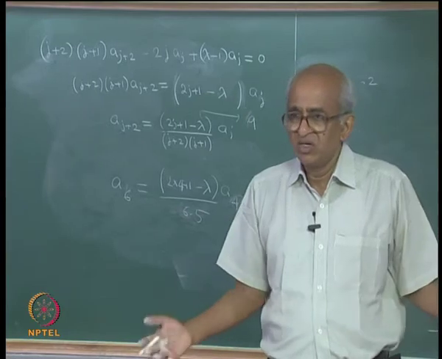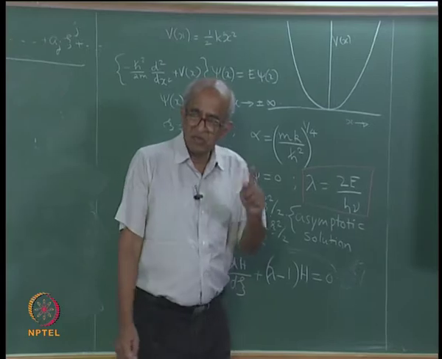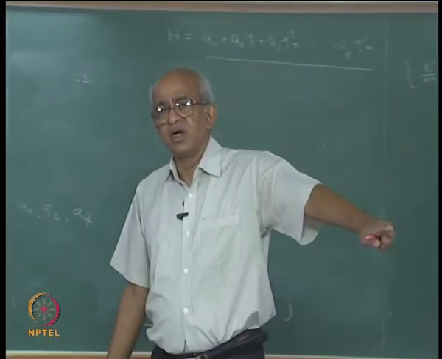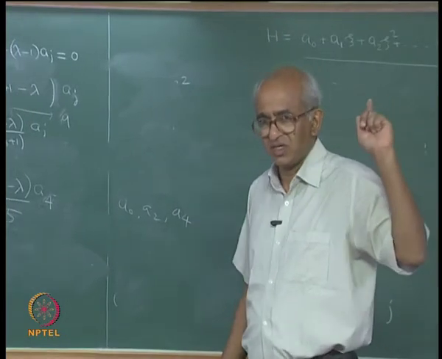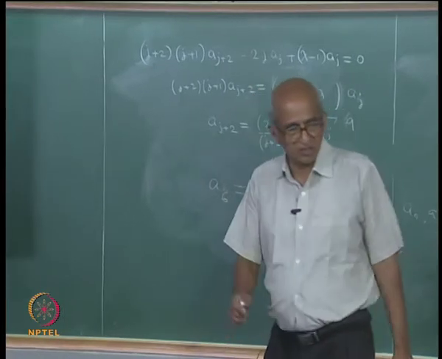There is absolutely no problem, because this H is a polynomial, and any polynomial multiplied by e to the power of minus c square by 2 will tend to 0 as c tends to infinity, and therefore, everything is fine. So, what is the solution? The solution is very simple.